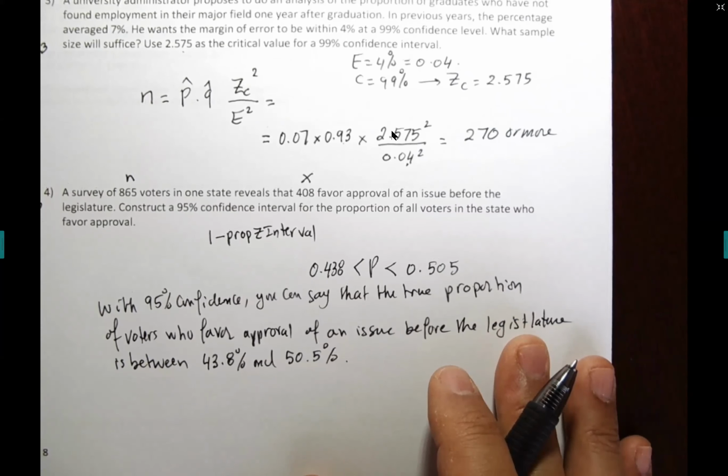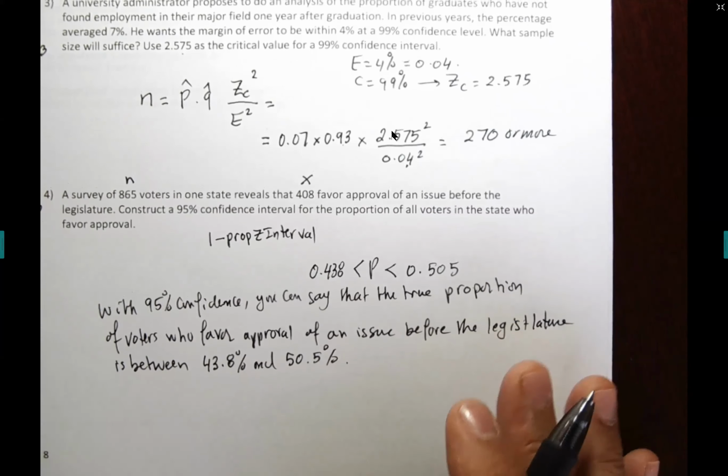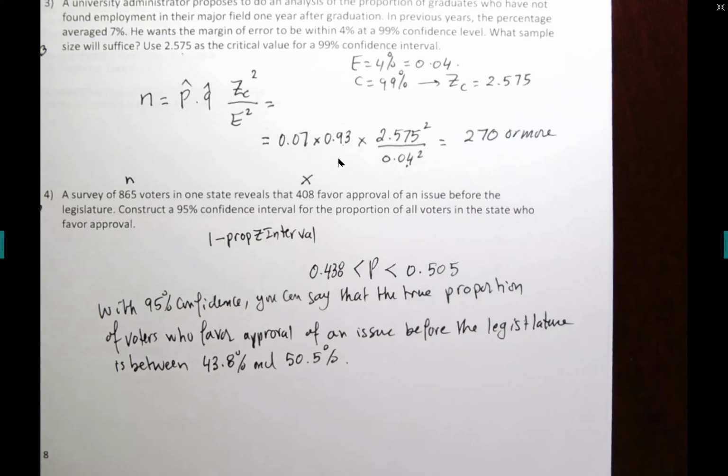A majority. Why do you say a majority? Because it's over 50%. Yeah, but it could also be on the low side, right? Because it can be as low as 43.8 and as high as 50.5. So for this one, you say no, it could be below 50%, it could be above 50%.